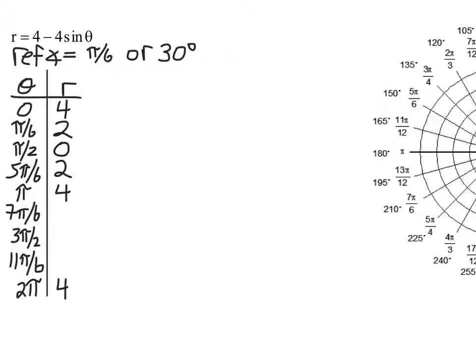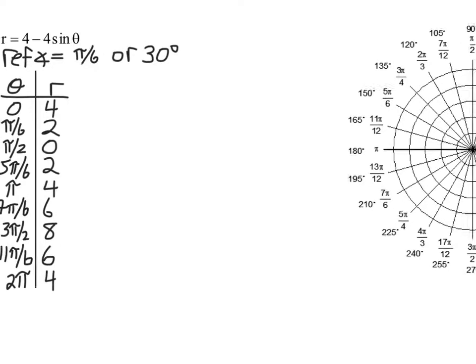Negative 1/2 is what you get when you pop in a 7 pi over 6. So 4 plus 2 is going to give us a 6. If I pop in a 3 pi over 2, that's going to give me a negative 1, so 4 plus 4 is 8. Now it's just a matter of plotting these.